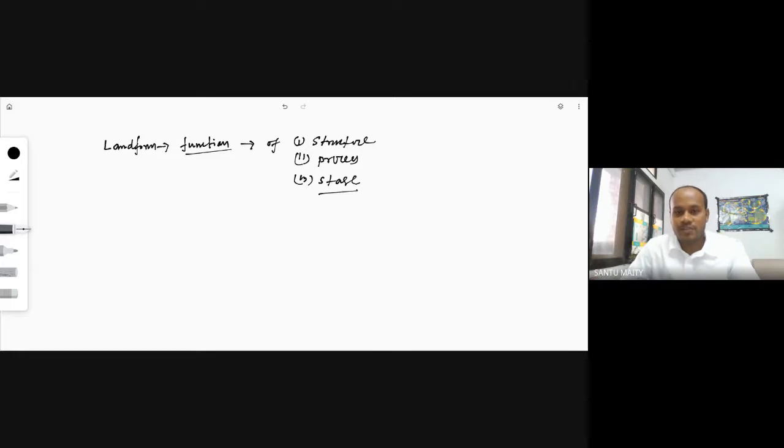Okay, this chapter, chapter 4 of your syllabus, is related to the process. But structure means what? We know that on our earth surface there are some rocks which are hard and some rocks which are soft. There are some rocks found in a horizontal way, and some rocks found in an inclined way.